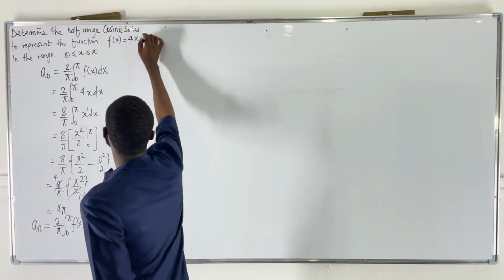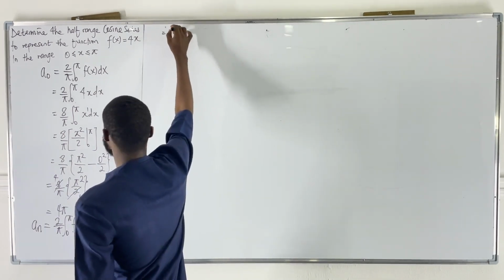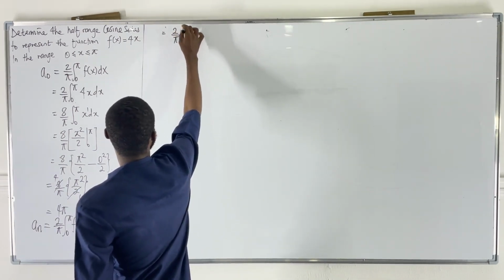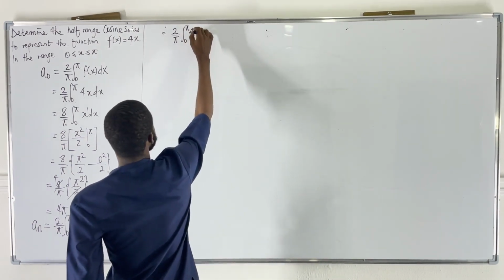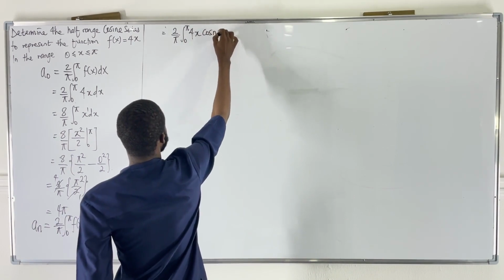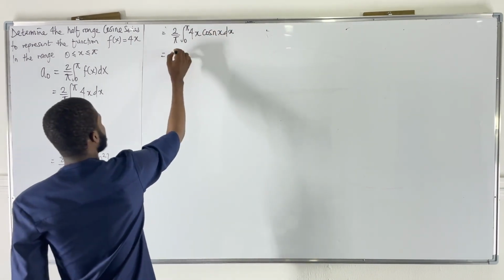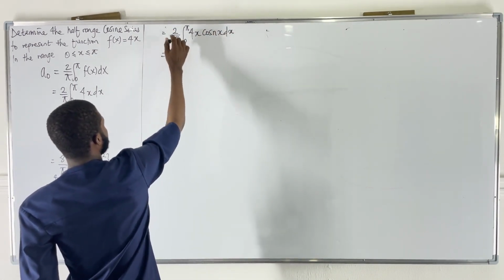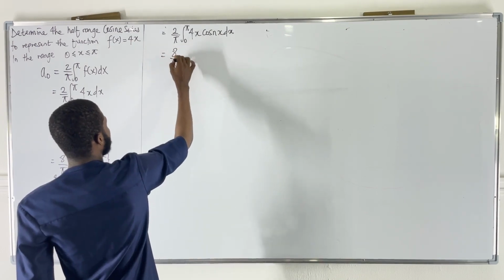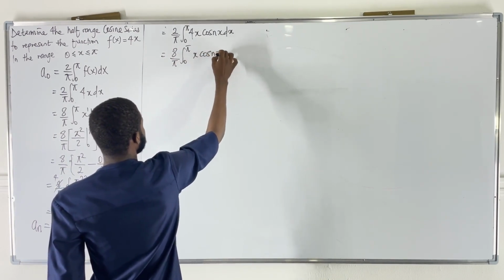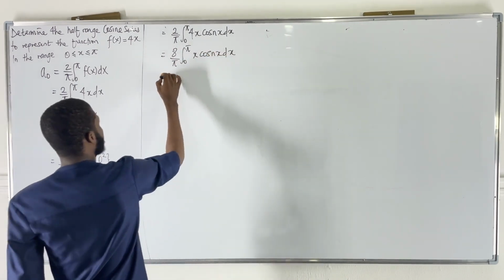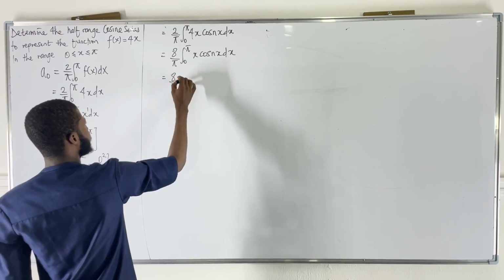So this will be 2 over pi, integral from 0 to pi. Now f of x is 4x, so this is 4x cos nx dx. Now the 4 can come outside, so this will become 8 over pi, integral from 0 to pi of x cos nx dx.